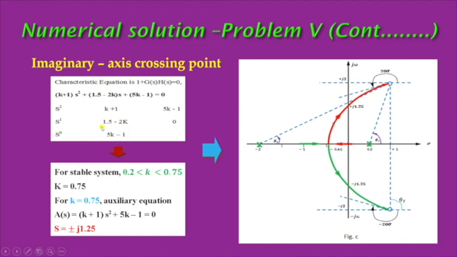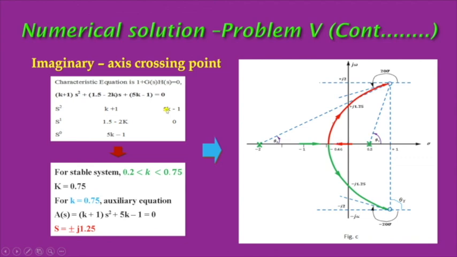If we consider this one greater than 0, then k is less than 0.75. So this is the range of k for a stable system: k is greater than 0.2 and less than 0.75. But if we consider this equal to 0, then k equals 0.75.